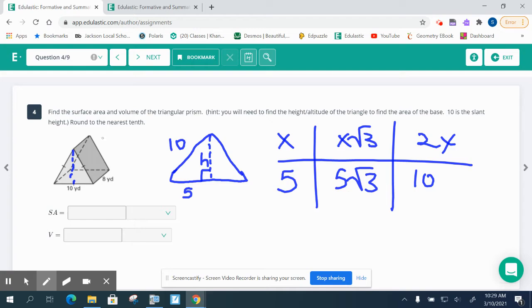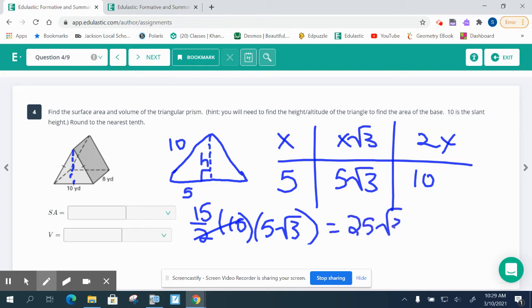All right, so then to get the surface area, you would get the area of the base, so 1/2 base times height. The base is 10, and the height is 5 square root 3. This simplifies to 5 times 5, which is 25, so 25 square root 3.